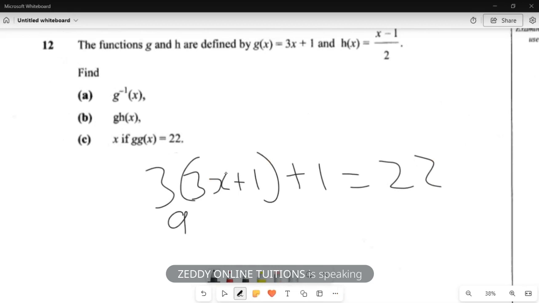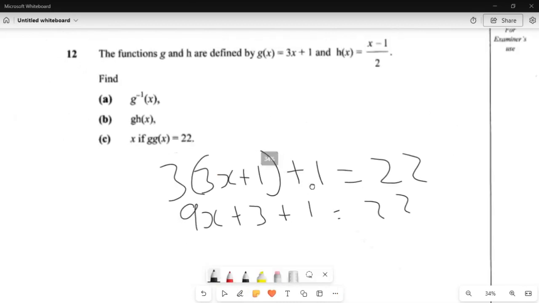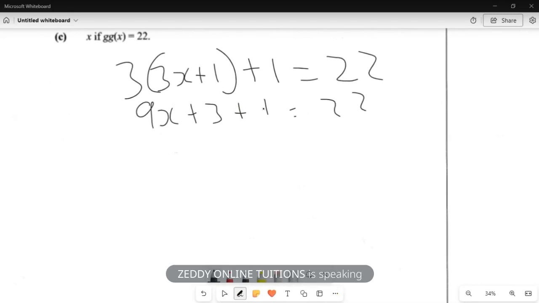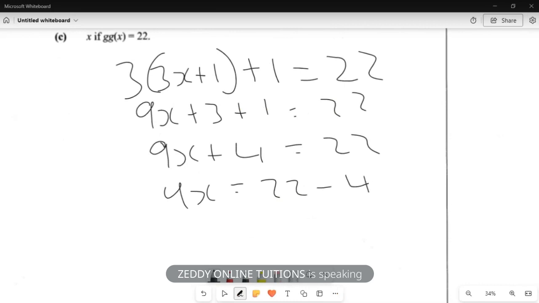So there, 9x plus 3 plus 1 is equals to 22. Simple, right? Yes. Okay, so let's go. 9x plus 3, we are going to have 9x plus 4 is equals to 22. So 9x is equals to 22 minus 4, so 9x is equals to 18, right?